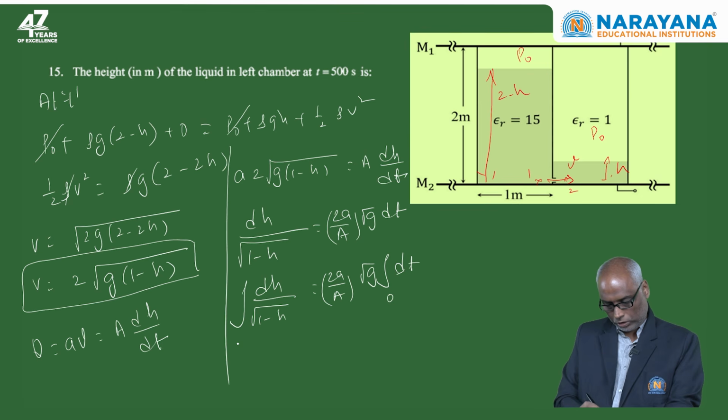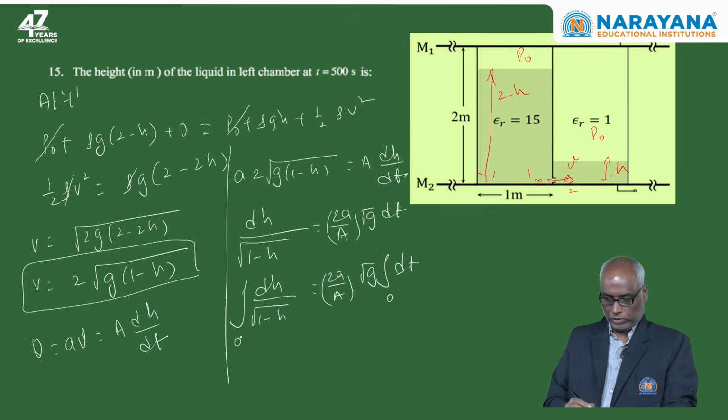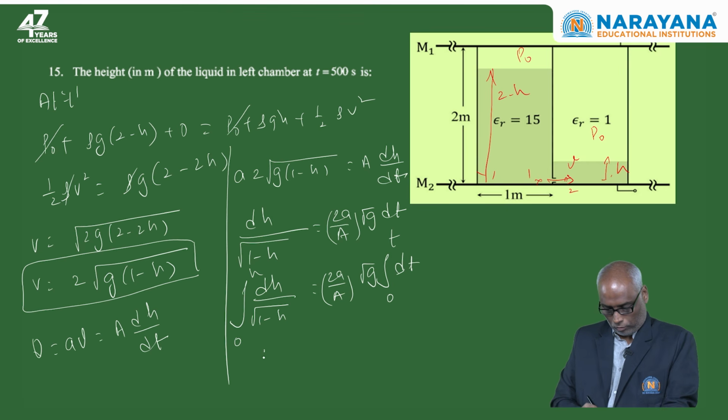At t equal to 0, the height of the liquid in the right chamber is 0. At time t, the height of the liquid in the right chamber is h. Now, the left hand side integral is of the form integral dx divided by root x. So, the integration of this will become (1 minus h) to the power of 1 by 2, that is root, divided by minus 1 by 2.